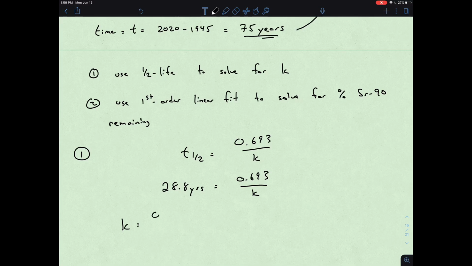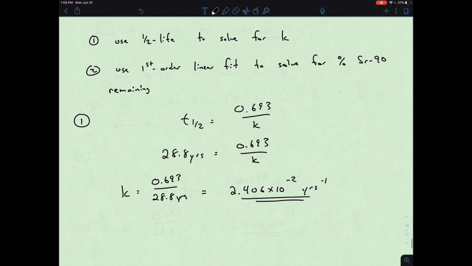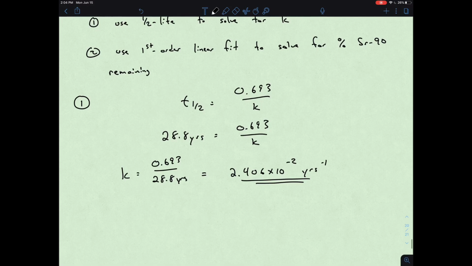So k would be equal to 0.693 over 28.8 years, and we get a value of 2.406 times 10 to the negative second years to the minus 1. So there is our half-life expression. And now we can use our half-life linear fit, but I'm going to use the percentage form so that we can figure out the question, the percentage.